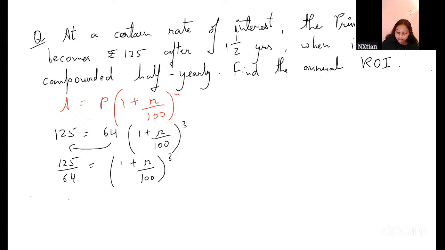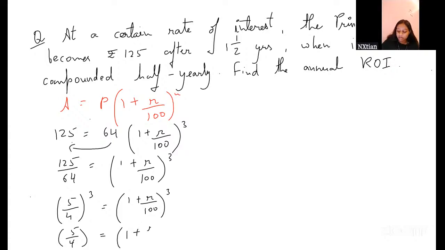Yes, that's right. 5 by 4 cube equals 1 plus r by 100 cube. Now cube and cube cancel. So we have 5 by 4 equals 1 plus r by 100.